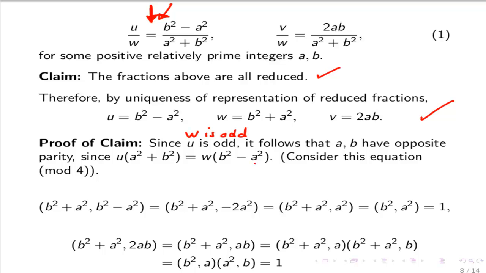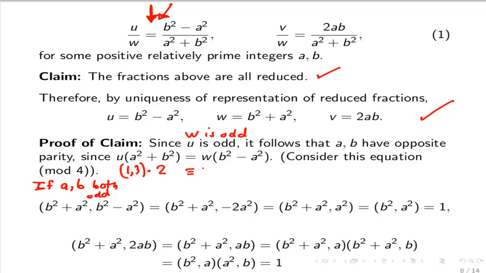If a and b have the same parity, so if a and b are both odd, then a squared plus b squared would be congruent to 2 mod 4. And u is an odd value, so that's congruent to 1 or 3, and this would be times 2.